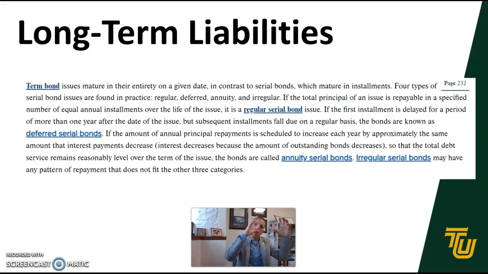Because if we have $1 million of debt and it's a 10% loan, no, interest rates are so much lower than that. So if it's a $1 million bond and the interest rate is 3%, then we're going to pay 30 grand in interest, right? But if we pay down 100 grand, that means our interest payment is also going to go down. As our principal drops, so does our interest.